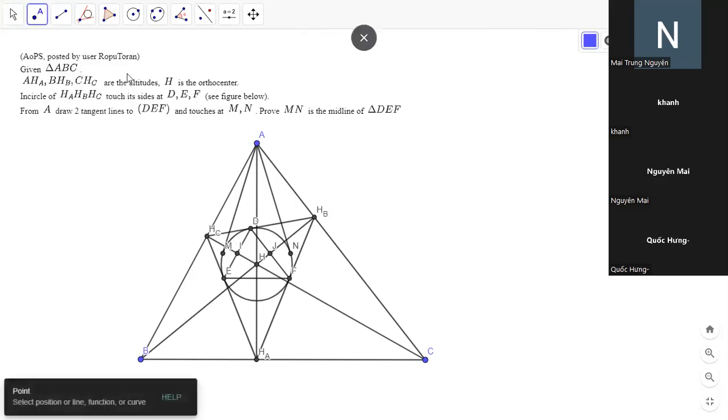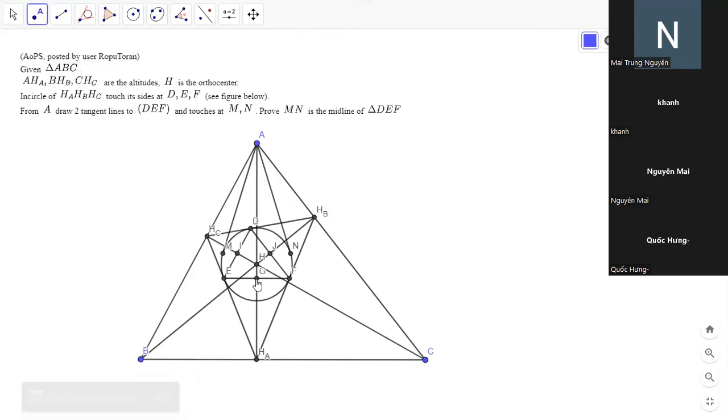I guess I might as well draw this too, right? Interesting.